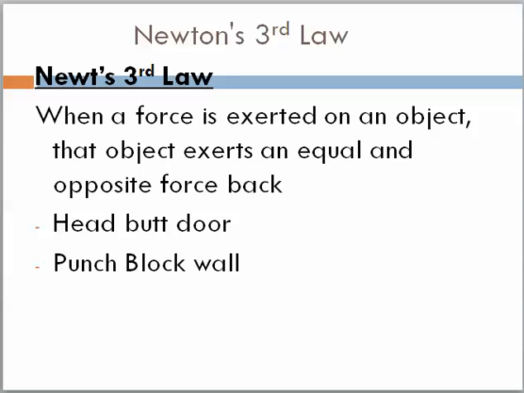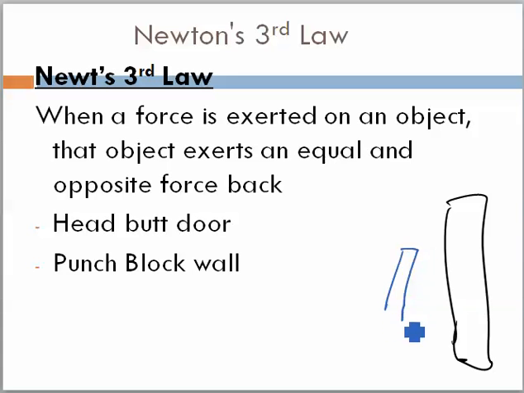Newton's third law says when a force is exerted on an object, that object exerts an equal and opposite force back. So, let's draw a wall right here. Alright, we've got a wall. And let's draw a person. So we've got this dude right here, getting ready. There's his legs. He's pushing, and he's got his hands up here on the wall, and his head here.